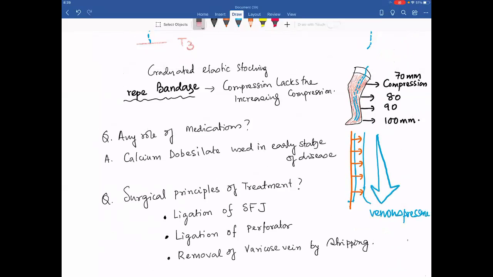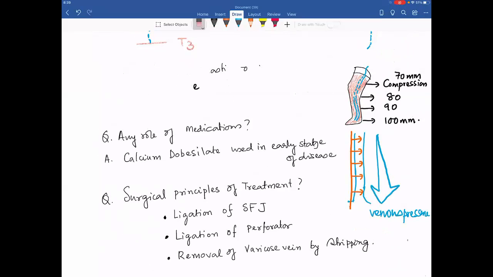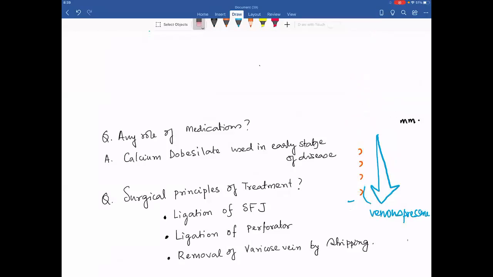Before the operation, what are the mandatory checklists to be followed, or what are the mandatory points to be noticed before the operation?